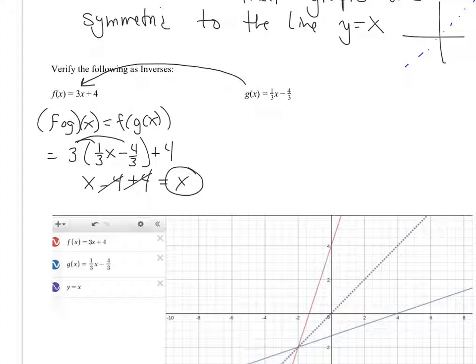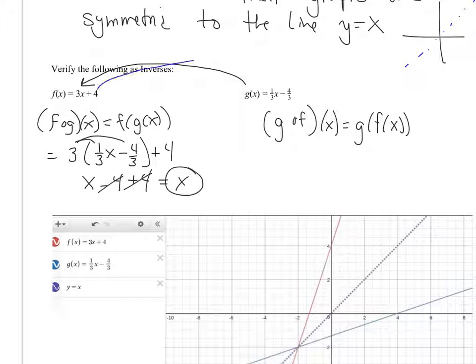This is not enough, though, so I also have to do g composed with f of x, which would just be the opposite. So that's g of f of x. So that would be putting f into g.